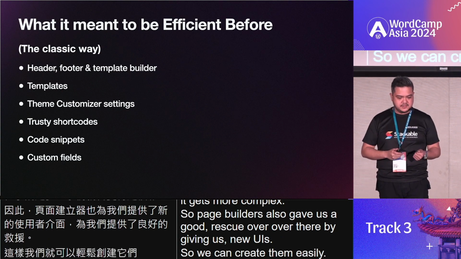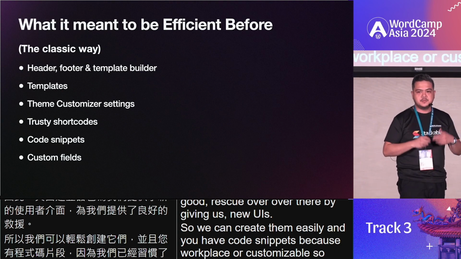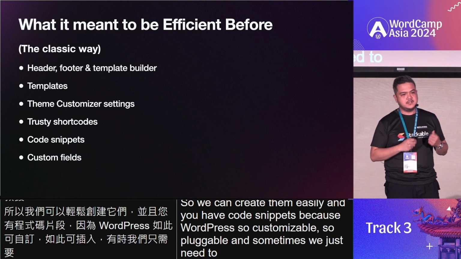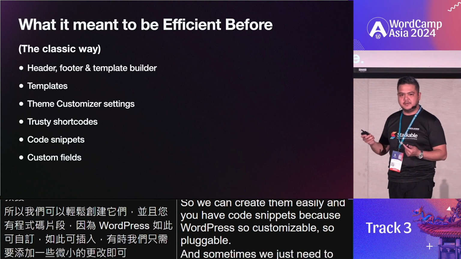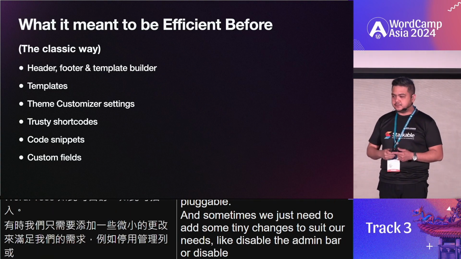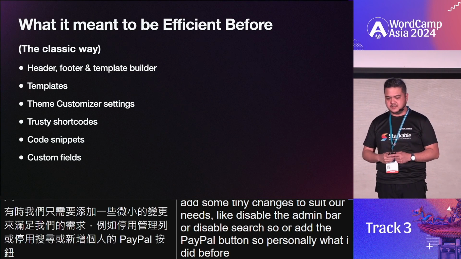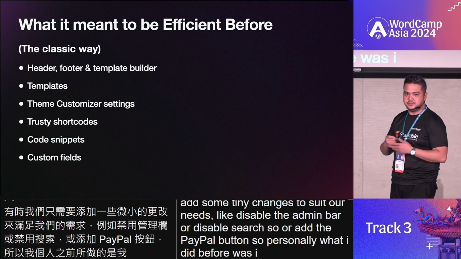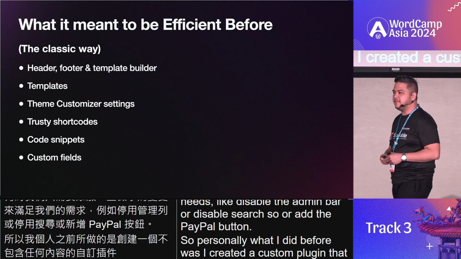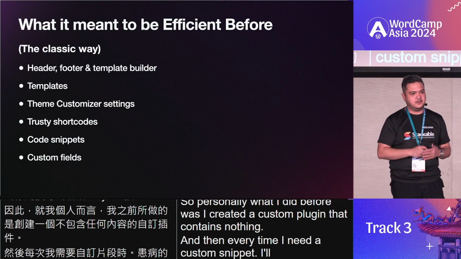And you have code snippets, because WordPress is so customizable, so pluggable, and sometimes we just need to add some tiny changes to suit our needs, like disable the admin bar, disable search, or add the PayPal button. Personally, what I did before was create a custom plugin that contains nothing, and then every time I needed a custom snippet, I'd just plop it in there, cowboy coding style.